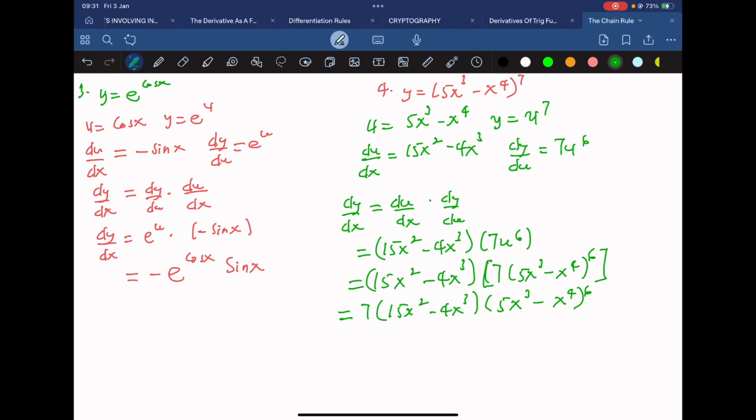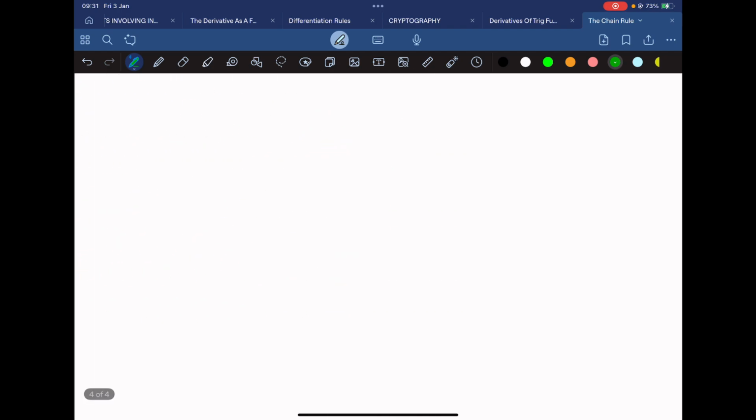Let's move on to another question. Let's look at question 5, where we have y equal to 1 over 3x minus 2. So in this case, we are asked to use the chain rule. Remember, we could have used the quotient rule or even the power rule, right?